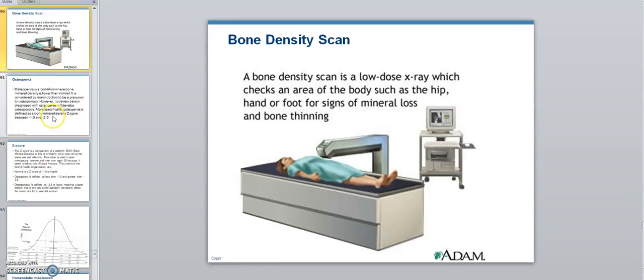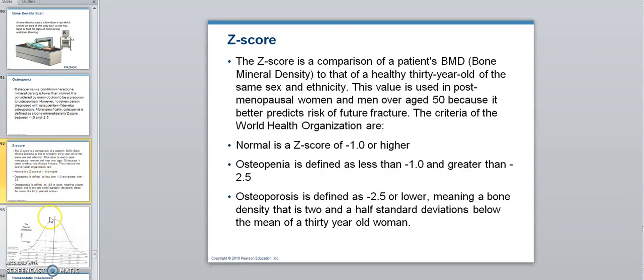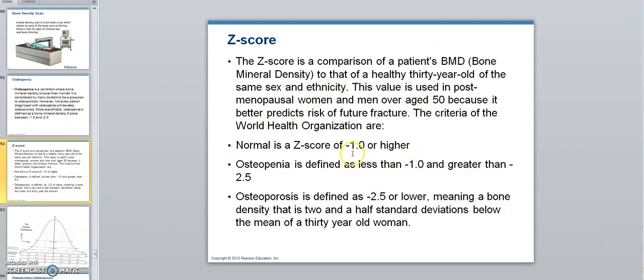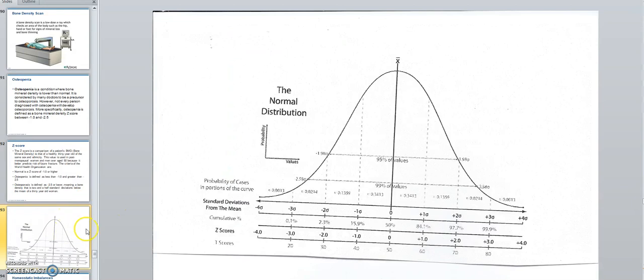Now I'm not going to get into statistics, but here is the statistical bell-shaped curve that shows a normal distribution. So we're saying that on the Z-score, which I'm not going to get into, a normal Z or higher. Osteopenia is less than a 1 on this bell-shaped curve.